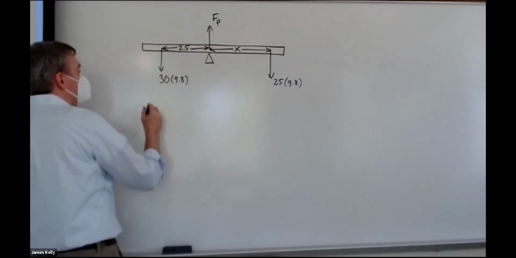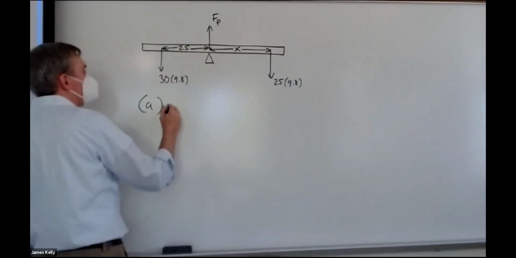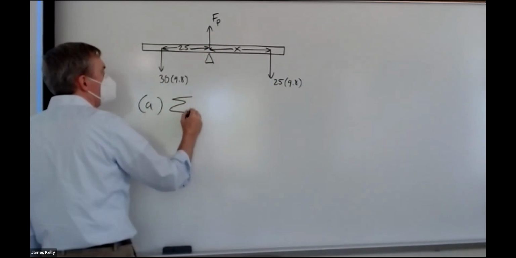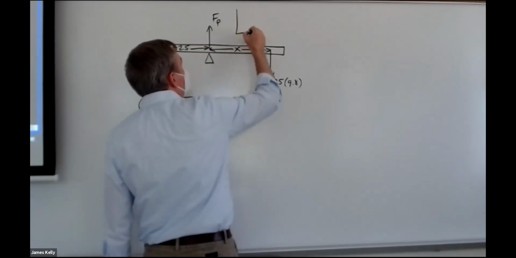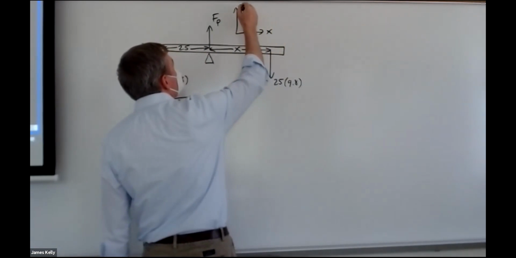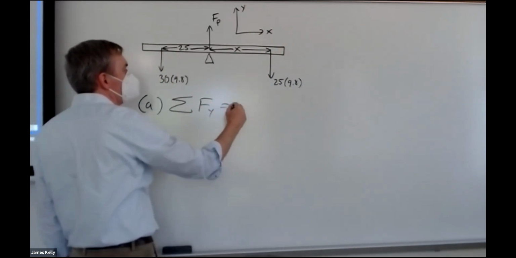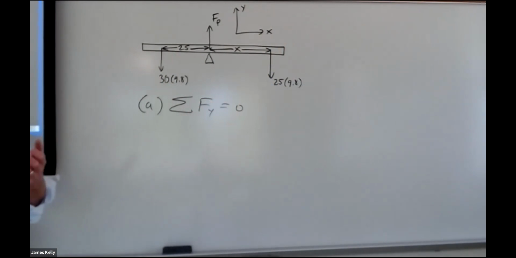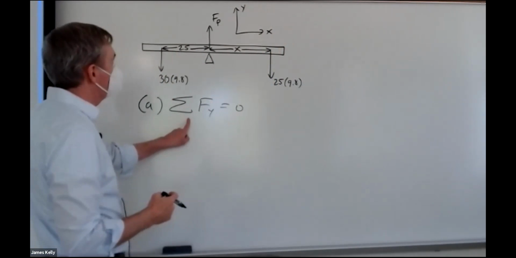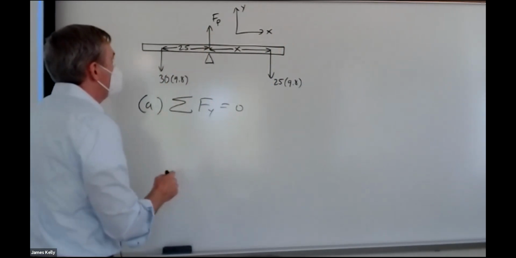And to answer A, what is that pivot force? How big is it? Let me put some coordinates on here, x and y. The sum of the force y components certainly has to be 0. The sum of the force x components has to be 0, and the torques have to be 0. But this is one thing that has to be true, and that's going to involve my FP.